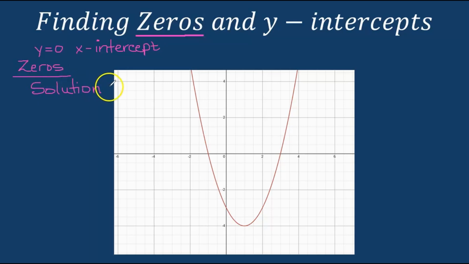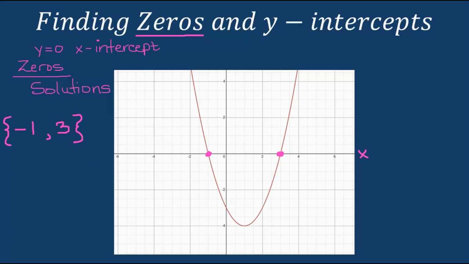Let's write that down here as well. To find it graphically, it's pretty easy. We're just going to look at the graph exactly where it crosses the x-axis, and that's going to be our solutions. So in this case, there is a 0 at -1, and there's another one at 3. This is considered our solution set, and we use the curly brackets in order to indicate our solution set.